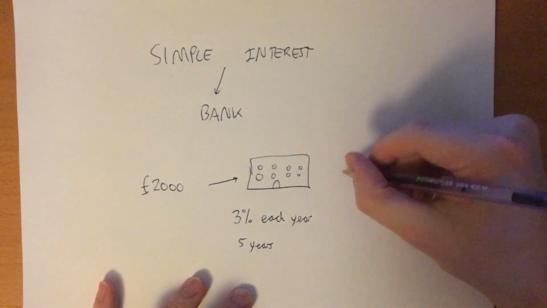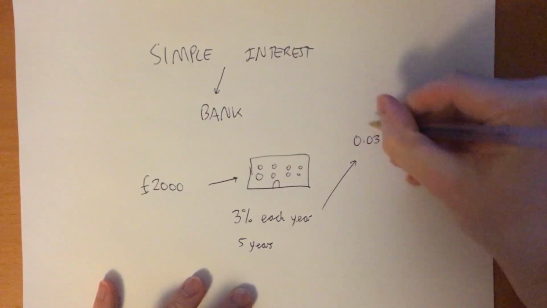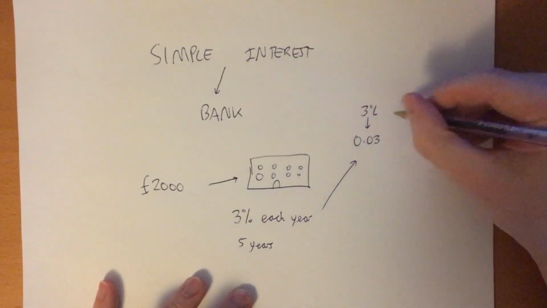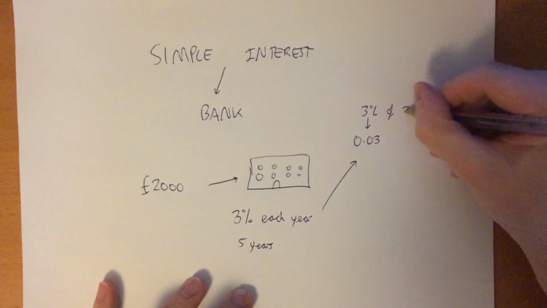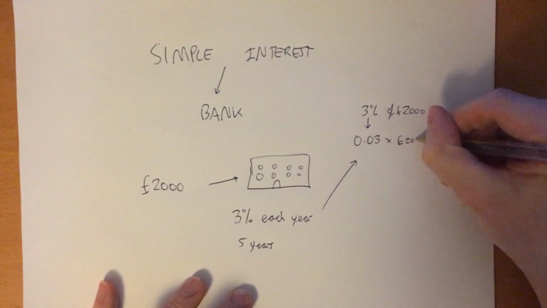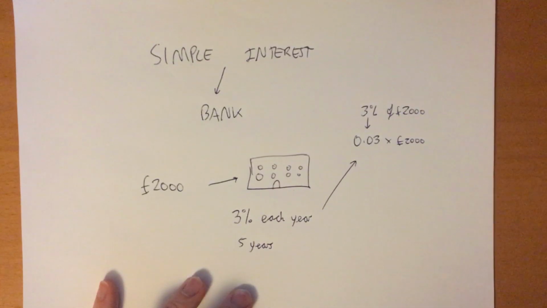So I'm going to do my calculator, 0.03, because remember that 3% can be written as 0.03, of £2,000 is the same as saying 0.03 times £2,000. So 0.03 times £2,000 is 60.